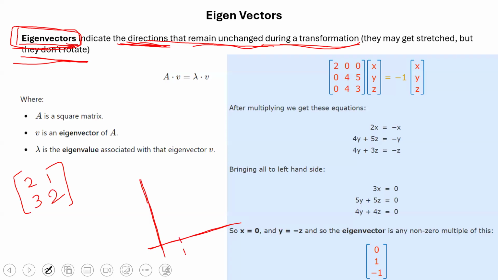Suppose this is 1, 2, 3 on my x-axis, and 1, 2, 3 on my y-axis. If I represent these points, 2 comma 1 is this point, and 3 comma 2 is this point. These are my points when I represent this matrix in two-dimensional space.